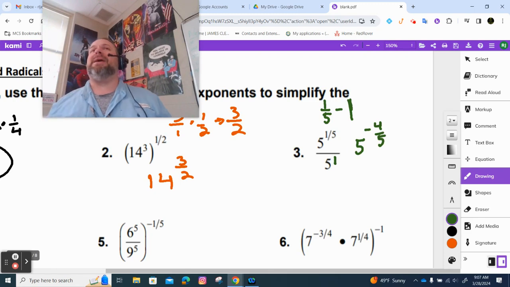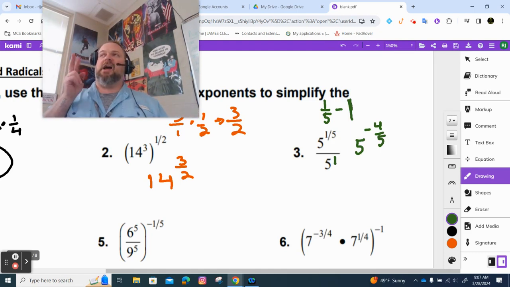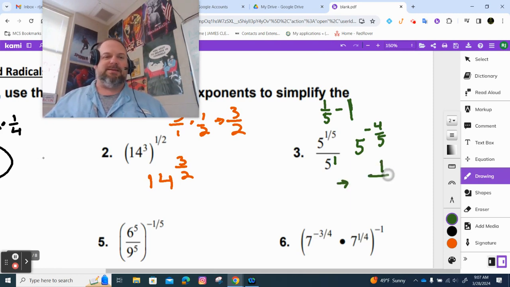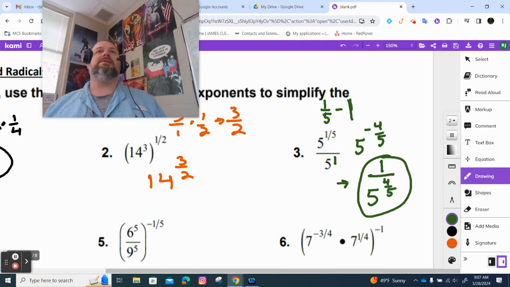Okay. How would I make that exponent positive? Yeah. Flip it.